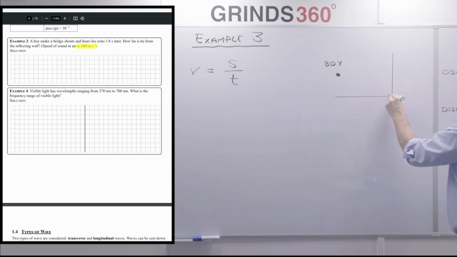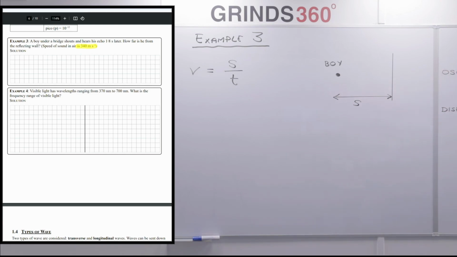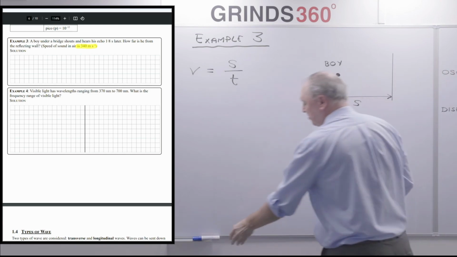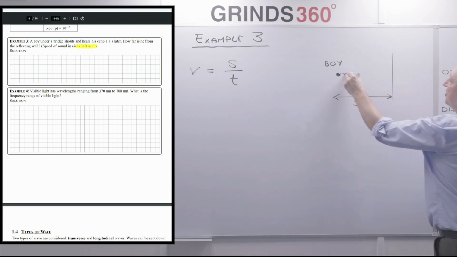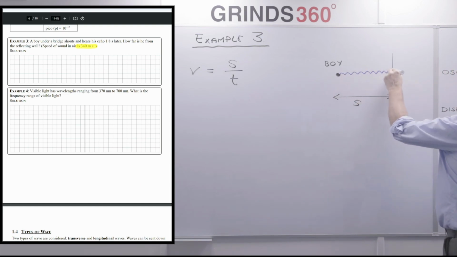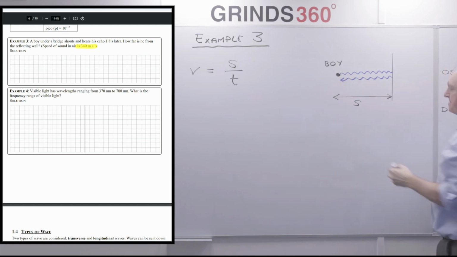We call that distance S. So the boy shouts, and a sound wave is going to go out towards the bridge. So here's his voice going this way. It's going to hit the bridge. It's going to rebound and come back to him as an echo. The total time is 1.8 seconds.